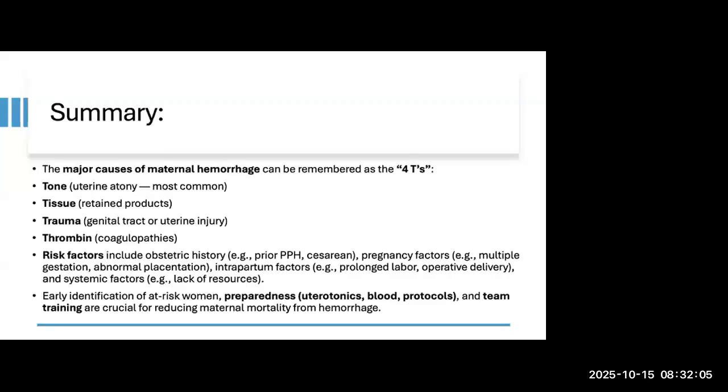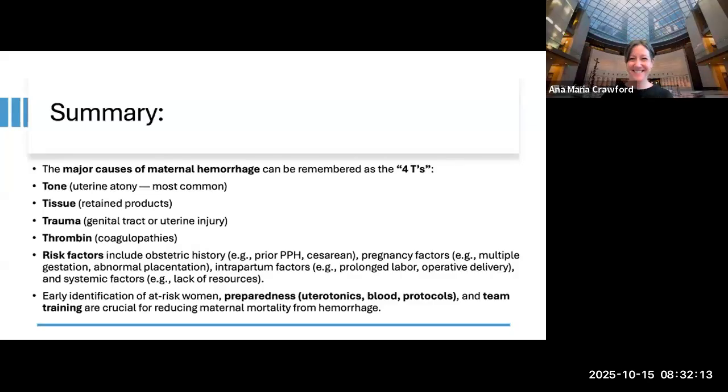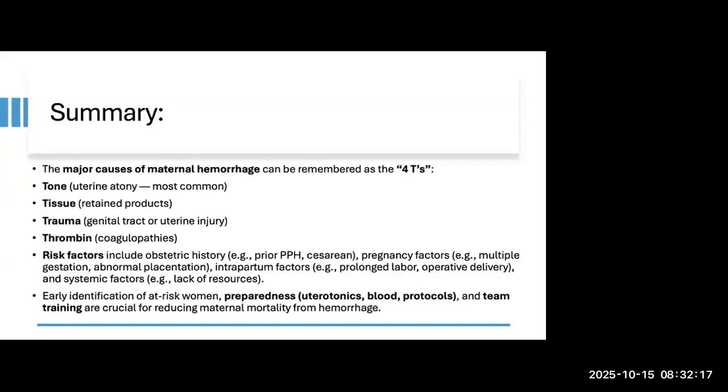And it's always important to have a high index of suspicion when you're managing these patients. So you always want to prevent and have all the maneuvers ready, or even just suspect that this will happen so that you know what to do.